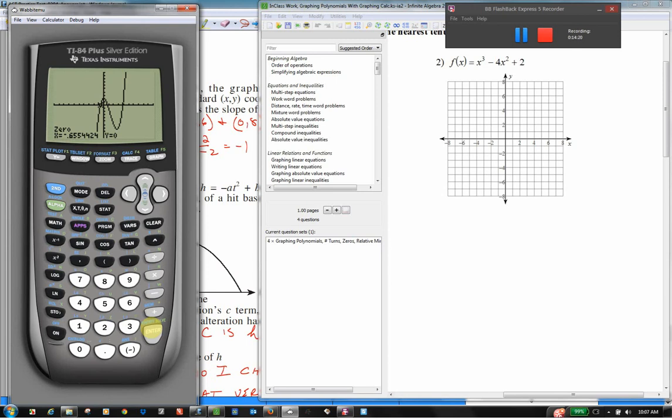Okay, so now let me get a max, the local max. I'm not going to get all the points, so go second calc. I'm going to go the maximum, 4. And the maximum is the little hump right around where x is equal to 0, and it says let's go to the left of that, so I'm at the left. Somehow I messed up there. Second calc, max, left bound. Okay, so I'm to the left of the max, press enter.